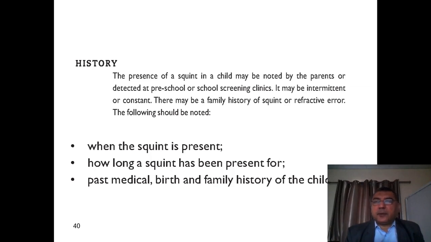Also, we will ask about family history of squint, because there are types of squints that run in families especially, and errors of refraction that run in families as hypermetropia or myopia.